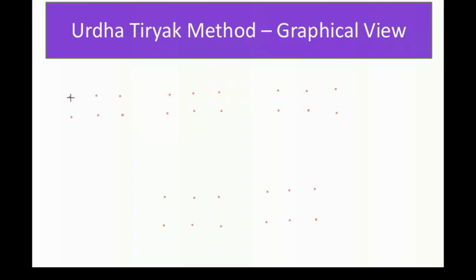So here you can see that we have drawn a set of 3 points on 2 different lines. What we want to do with these points is connect them in every possible way, but we need to make sure that the points belong to 2 different lines. So first, I can connect these 2 points.